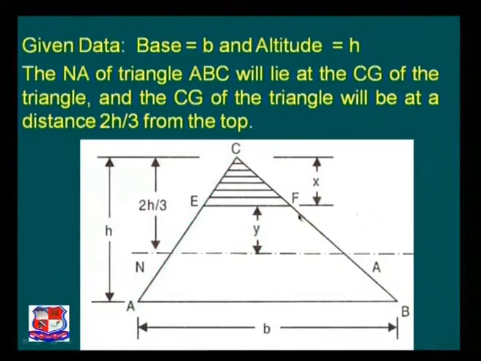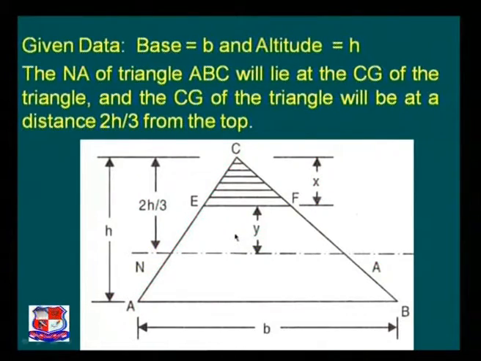So we have to take the area above this layer EF, that is the area of triangle CEF, and then we have to take the CG of that triangle. From that CG to the neutral axis we can find the y bar. So A and y bar we can find out.